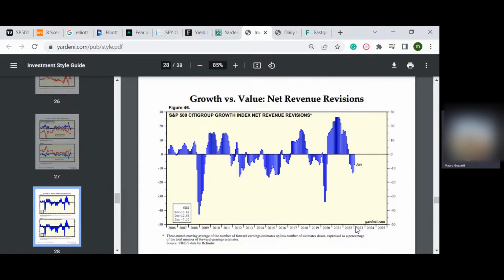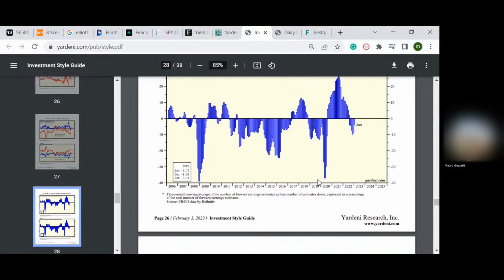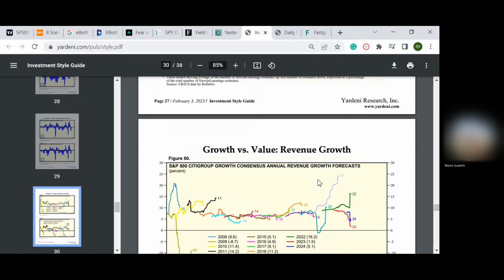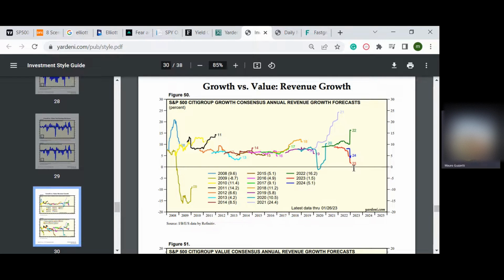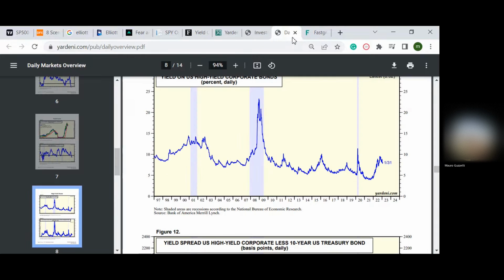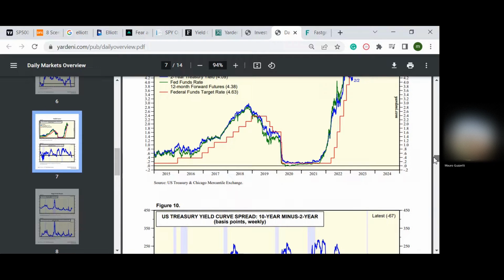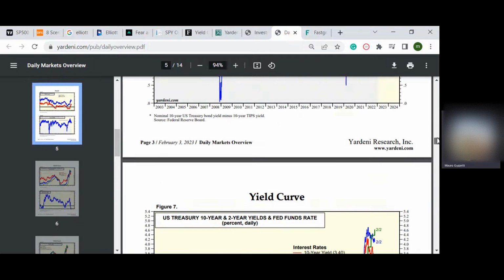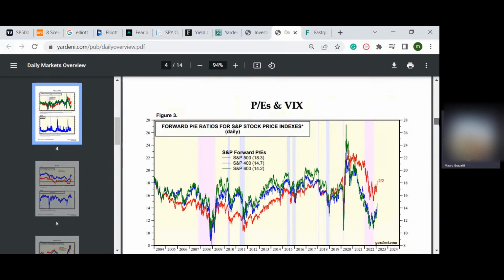Earnings are getting revised to the downside. It's not good for the market. 2023 earnings getting revised to the downside, and 2024 to the downside, is never good. Look how it ended in 2009. And then guys, for bonds, there were a couple of useful pieces of information.